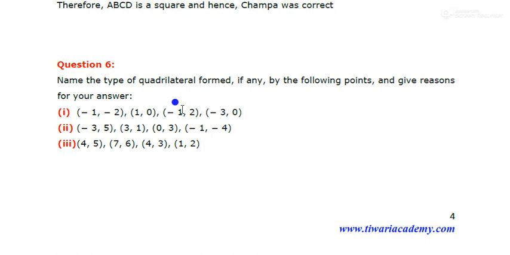Before approaching this question we have to know the properties of each and every special quadrilateral. So I'm just leaving this question, try by yourself and comment whether all these 3 parts are a special quadrilateral or a simple quadrilateral.